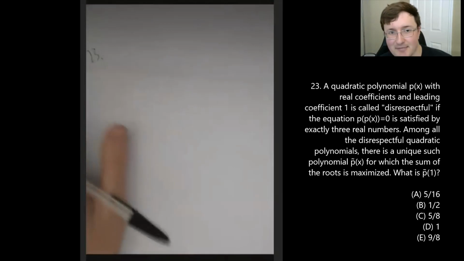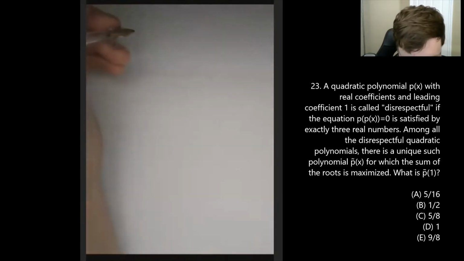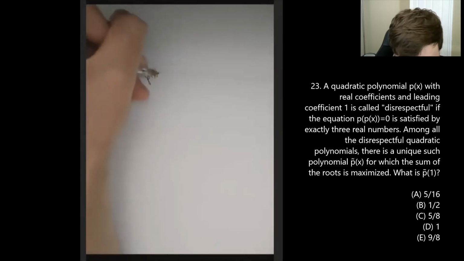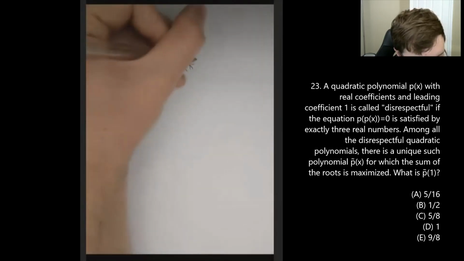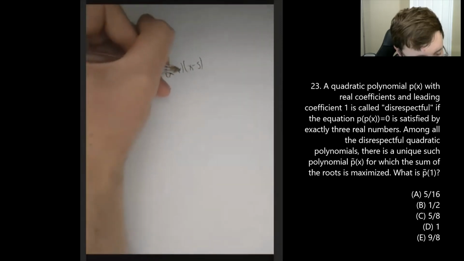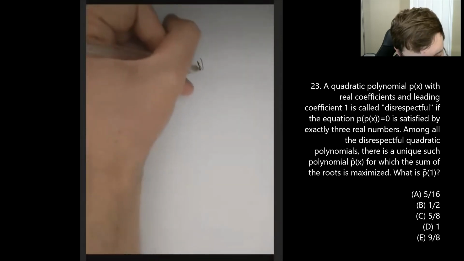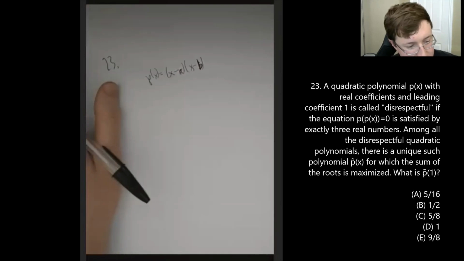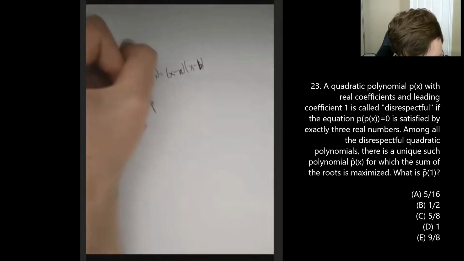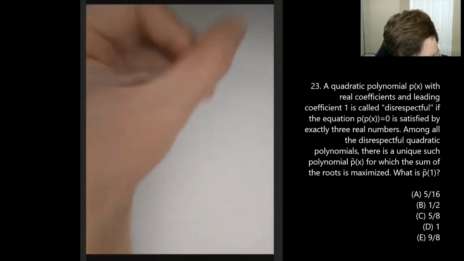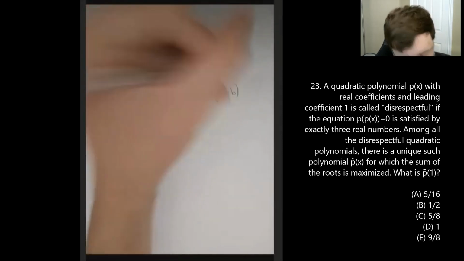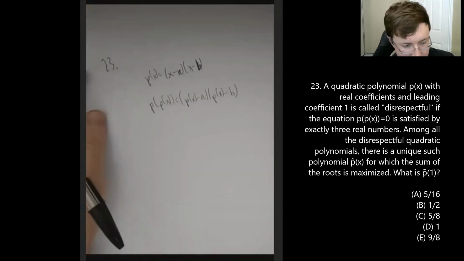I'm not optimistic about being able to solve 23, but I've got a quadratic P of X, I'm gonna say, oh, it's monic. Okay, so it's X minus R, X minus S. Well, maybe A and B would be better. Okay, so P of P of X is P of X minus A, P of X minus B, and this has 3 real solutions.